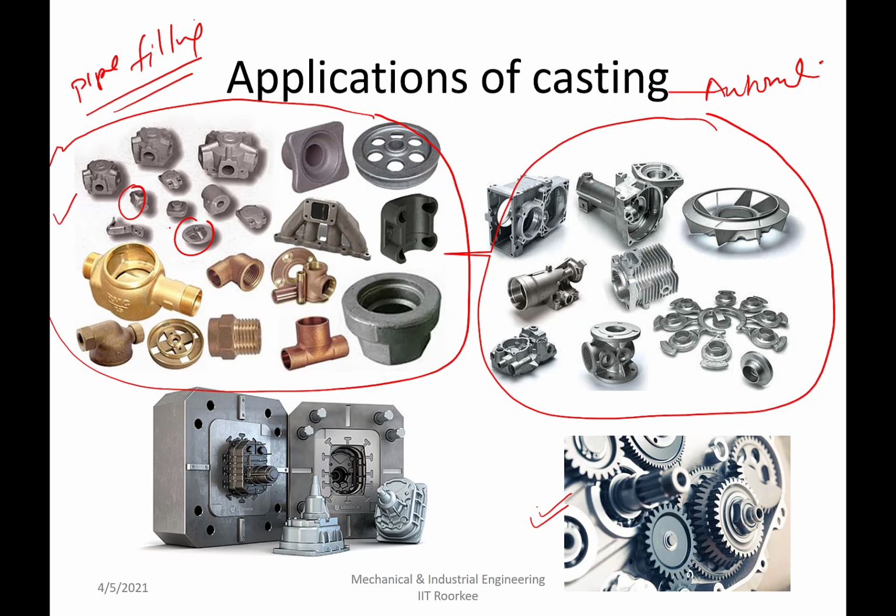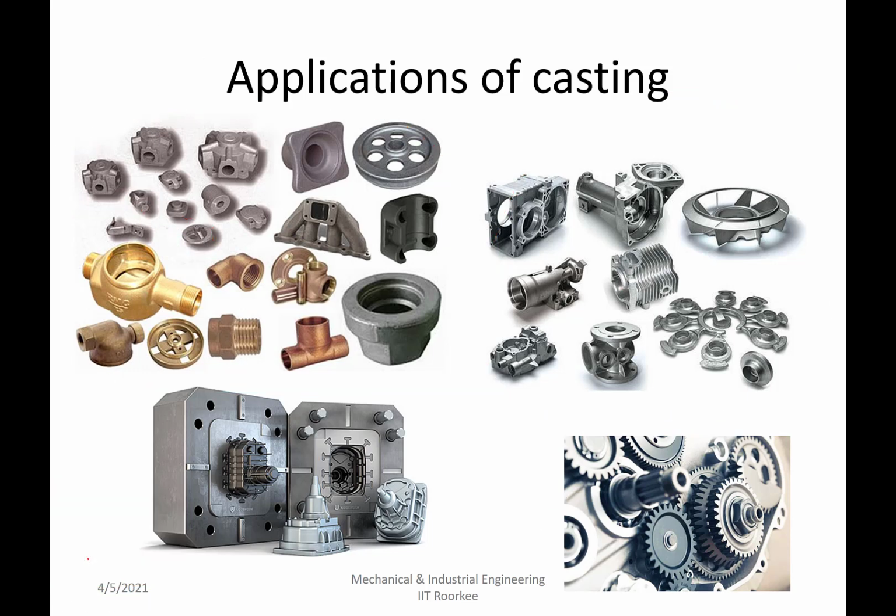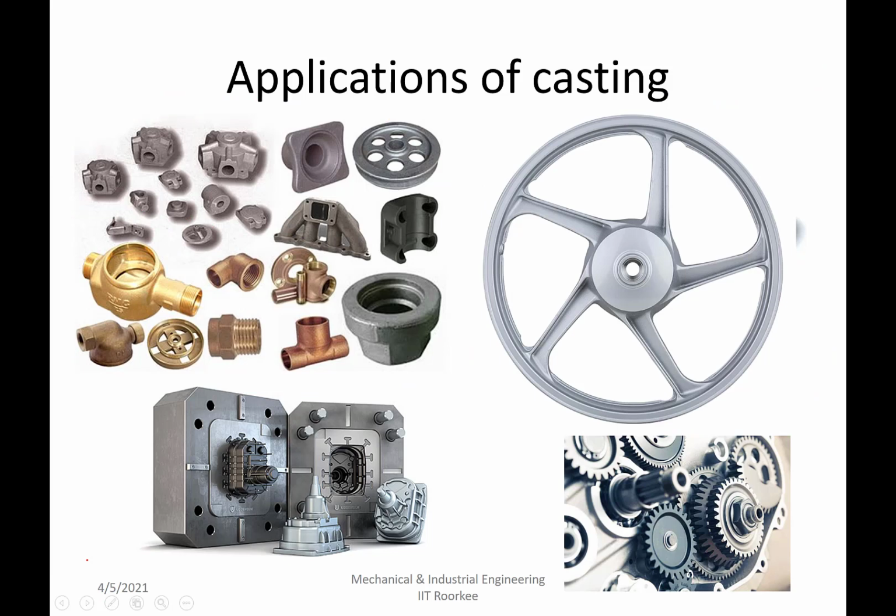So from very large size to small size, from solid to hollow products, very economically. The engine block, piston, valve, carburetor, wheels, etc. are made using this casting route.